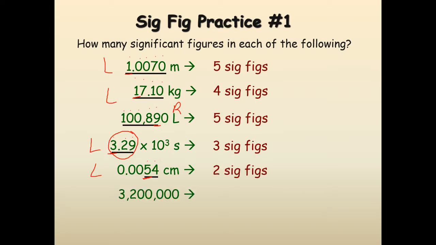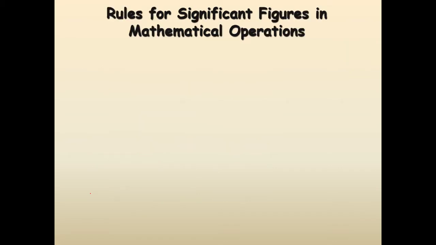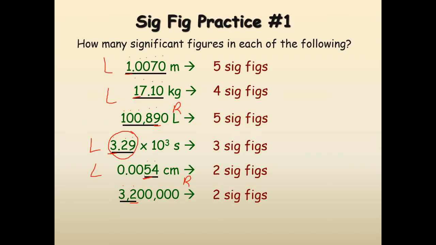All right, 3,200,000. Try it out. The decimal is absent, so that's the Atlantic Ocean. So we start counting from the right-hand side. The first non-zero digit we hit is the 2 from the right, so we count 1, 2. So that's also 2 sig figs. Okay, so that's how you count sig figs.